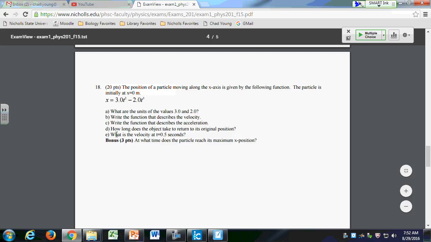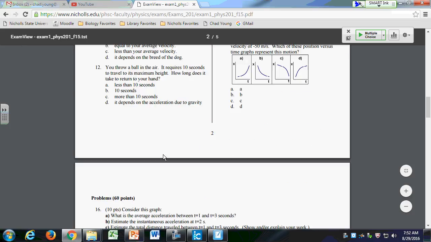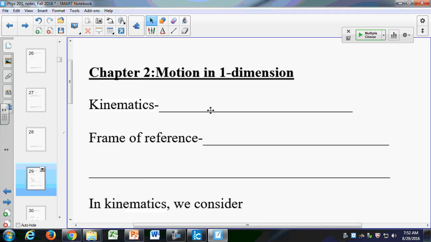A lot of these free response are chapter 2 problems. Okay? So in the back of your workbook, there are exams from last semester. And as we get into more complicated material, we'll start doing some of those in class. But they're also good practice for you to do on your own. So if you're looking for stuff to practice, do the homework, do the old exams. All right? People that do well in this class, they practice a lot. So keep that in mind.